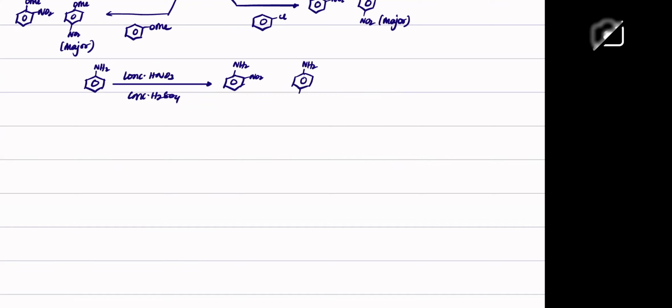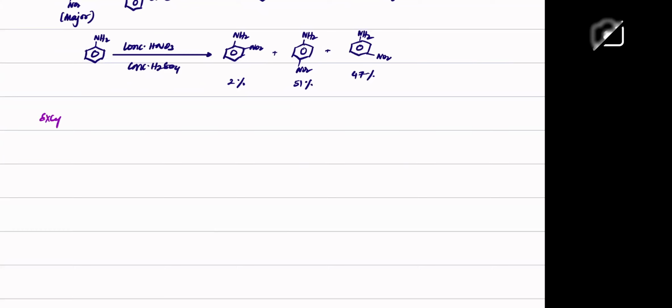The problem is that here ortho is only observed 2%, para is observed 51%, but at the same time, meta is also observed, around 47 percent. Clear?